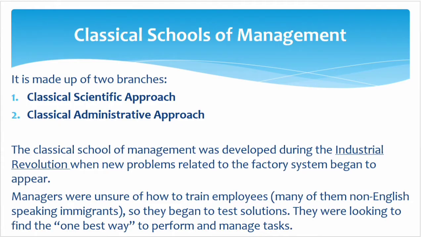Long time ago, when people had started working with factories for tea, factories for coffee, factories for making clothes, all these factories and industries. That's the time frame when this classical school of management came into being.